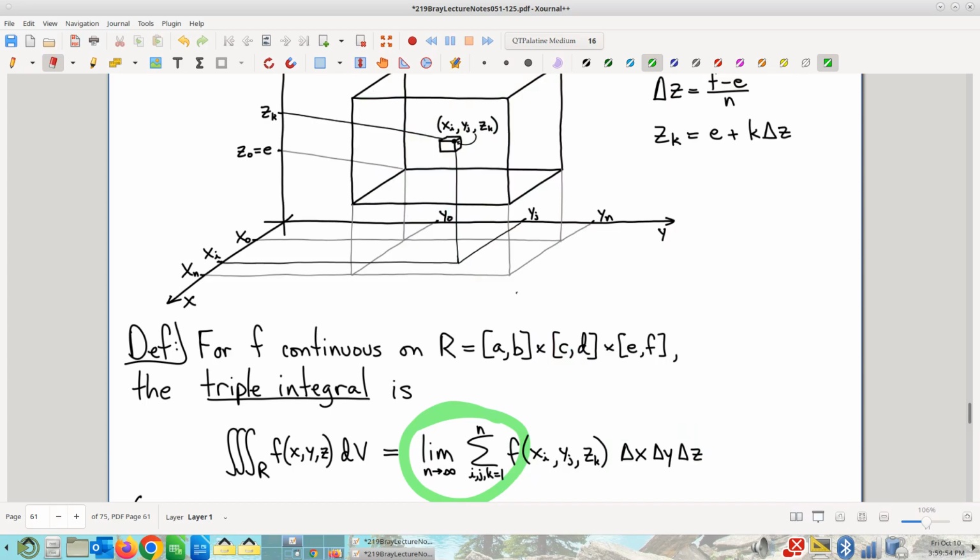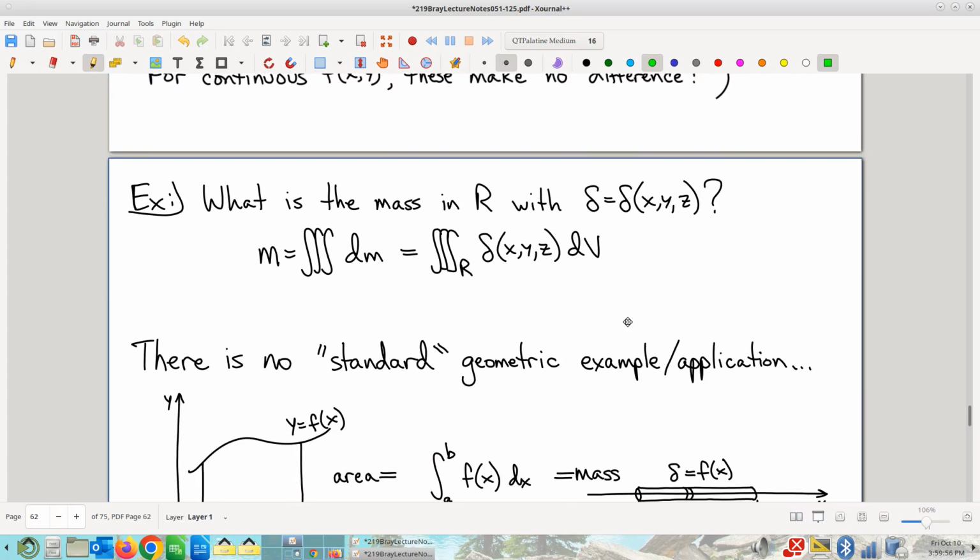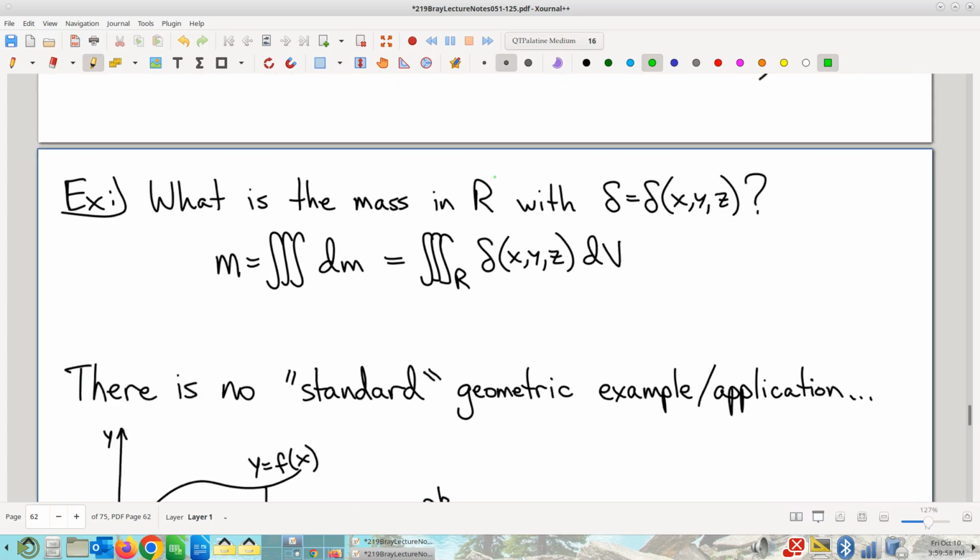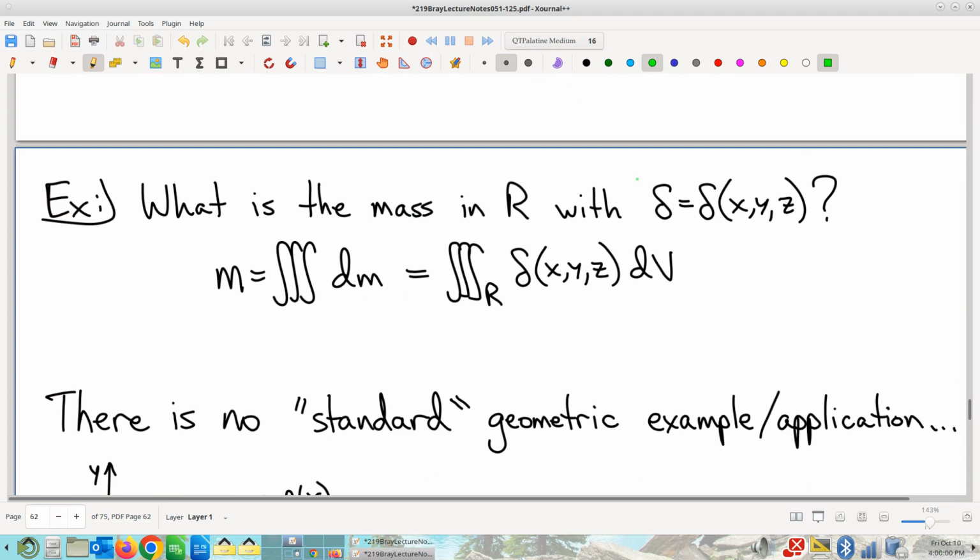All right. Okay, so for example, let's talk about how to compute mass. How would I compute the mass of some sort of a solid? Well, the whole is the sum of the parts. Right? That's one of the nice features about mass.